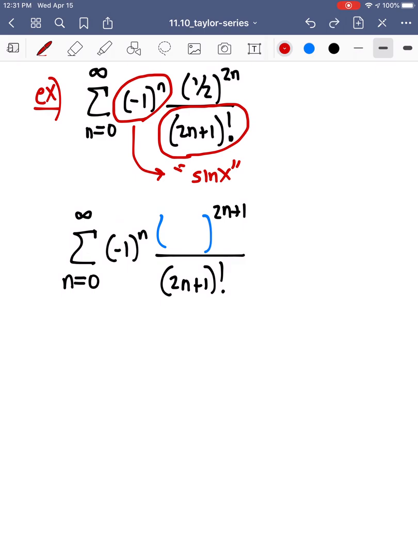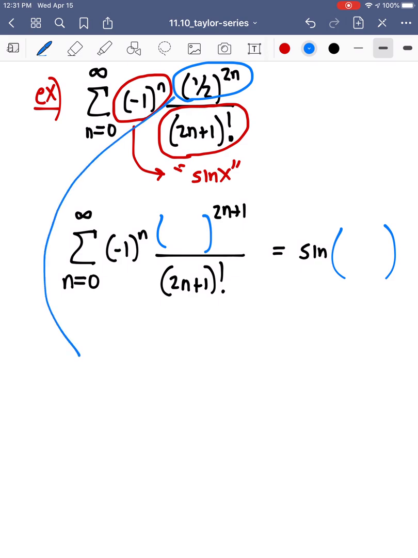But it does not have that number or a quantity being raised to the 2n plus 1. So we're going to have to work on this 1/2 to the 2n power to see how we can get it into that other form. I guess I should just write, this is equal to sine of whatever's in those blue parentheses. So let's work on that 1/2 to the 2n power.